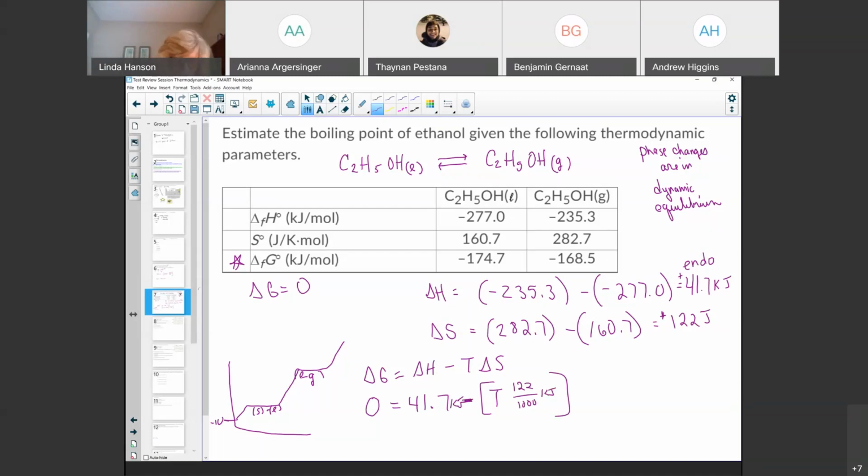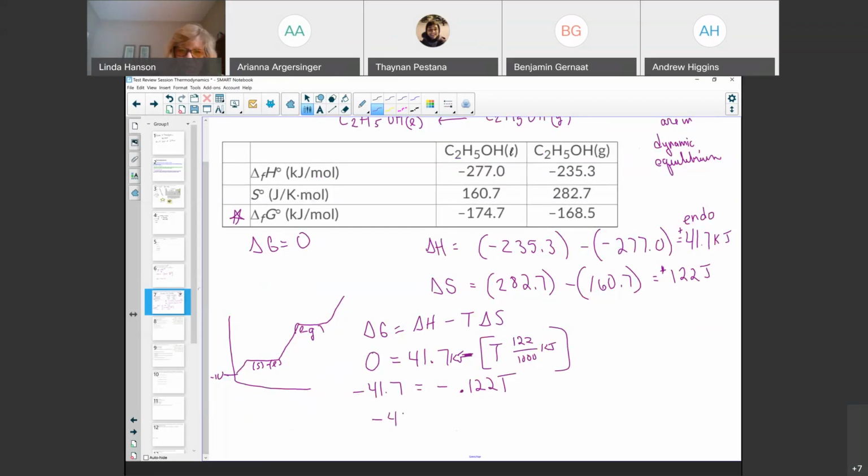So I'll bring negative 41.7 is equal to negative 0.122 T. Negative 41.7 over negative 0.122 will be T. So when I hit this, I found a positive temperature, positive 341.8 Kelvin.